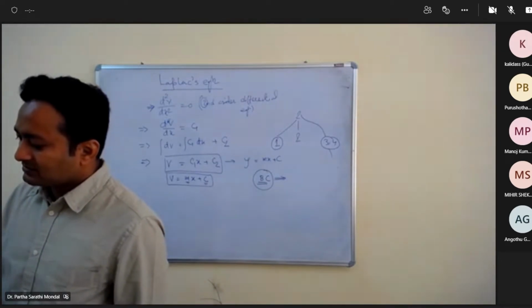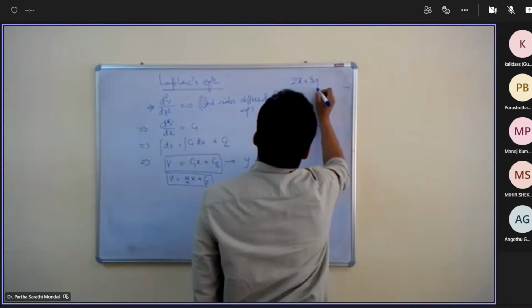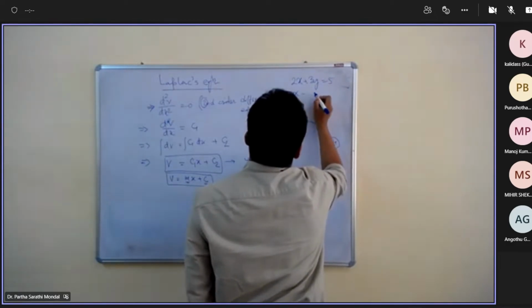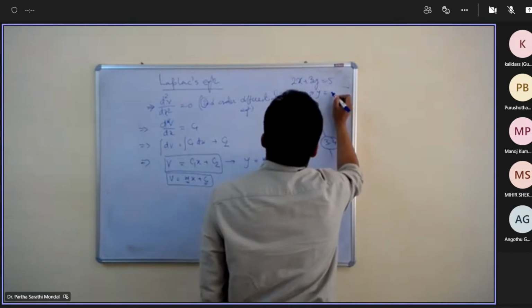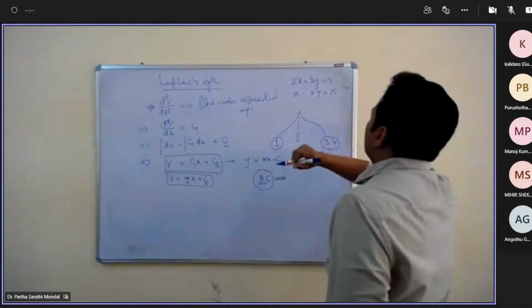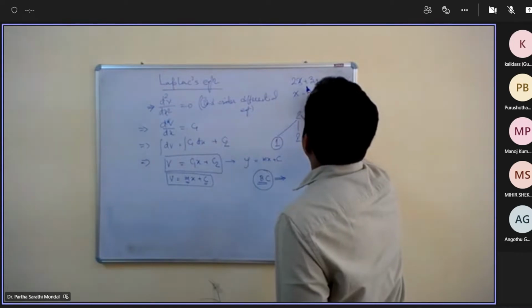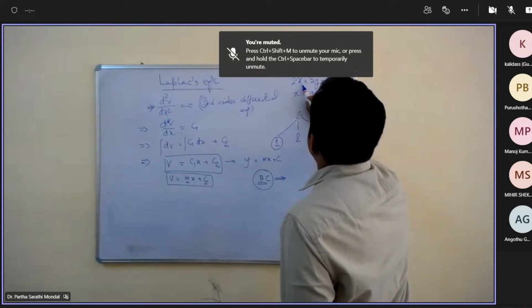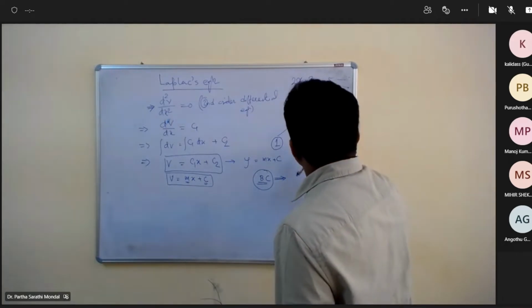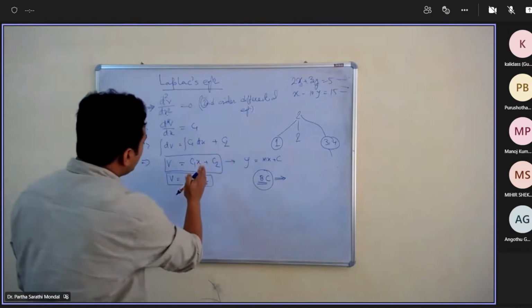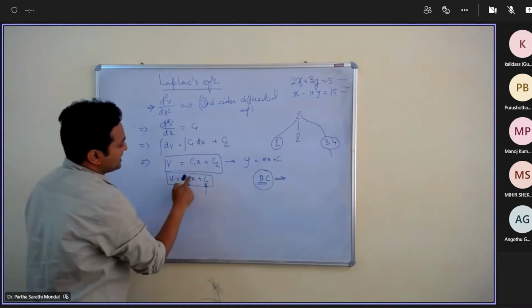Explain it once, sir. Yes, suppose you have two variables, 2x plus 3y plus 5, maybe x minus 10y equal to maybe 50. See, you will get the unique value of x and y only when the number of variables is equal to the number of equations. In a similar way, here also we have two constants, a and c.